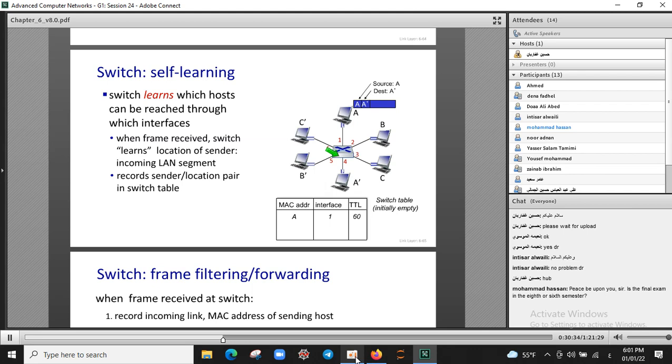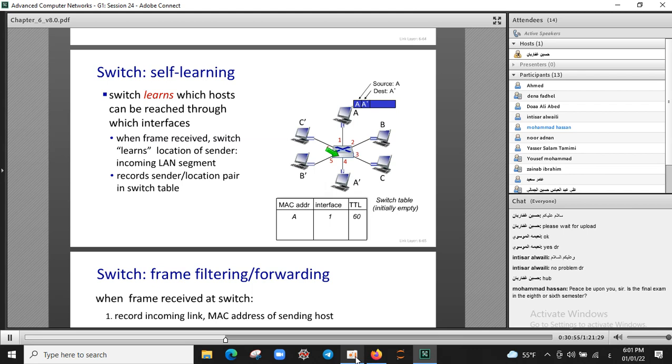The switch will learn the data using this self-learning strategy.